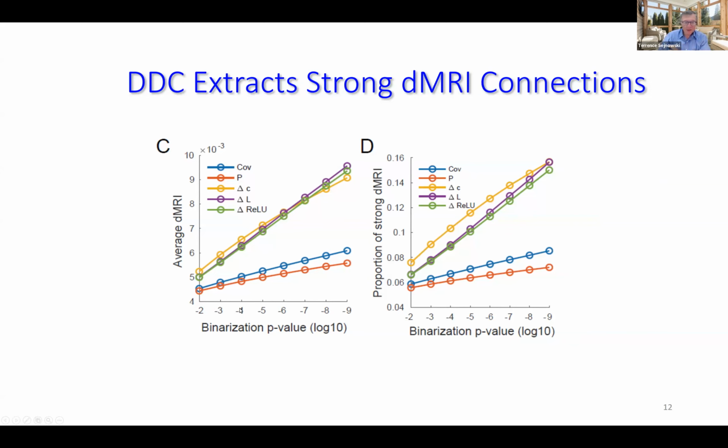the p. And you can see here that just the covariance and the partial covariance, they all agree better, of course, as you make it more stringent, you have fewer components that meet the criteria. But all of the differential methods up here, dynamic differential methods, are actually superior, and you can see that they agree better as the binarization threshold goes up, by a factor of 2 or more.